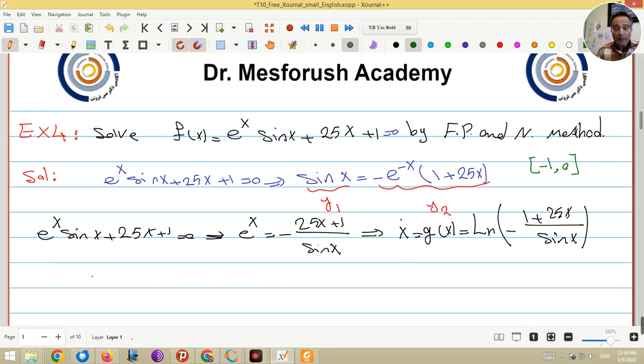Why? Because if you compute g of minus 0.5, okay, it will be a negative number.